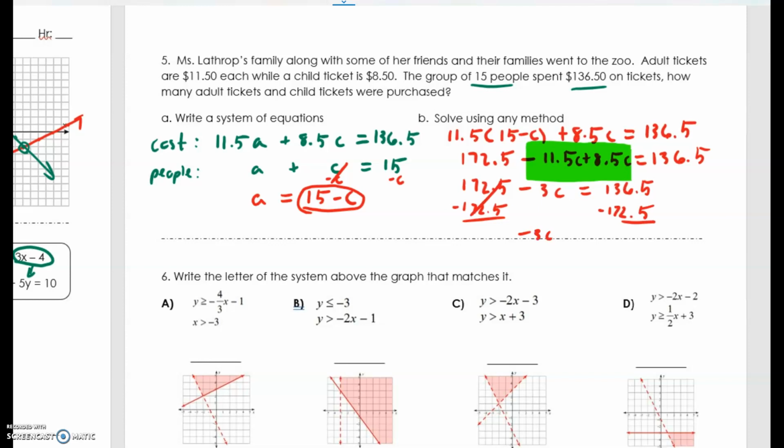And I have negative 3C is equal to 136.50 minus 172.5, which is negative 36. So negative 3C is equal to negative 36. Divide by negative 3.